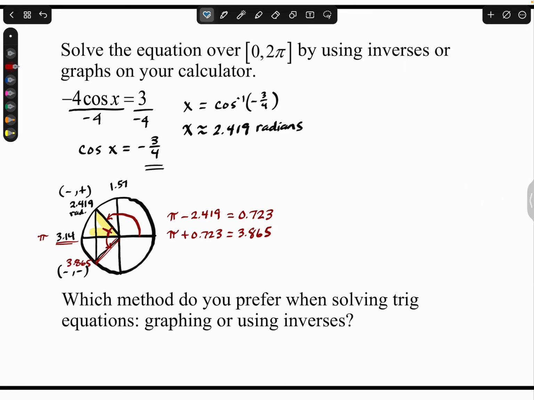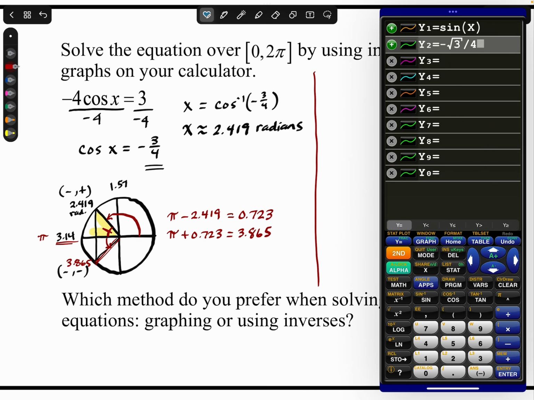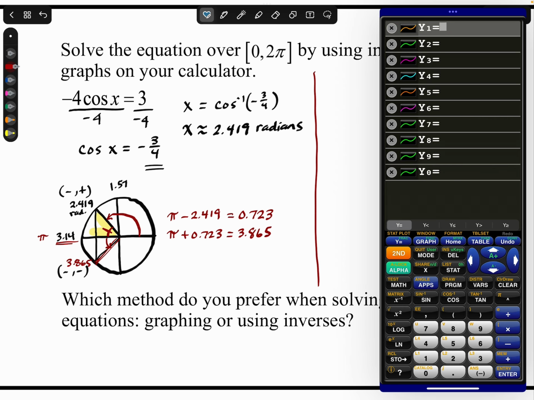But it says we could do it with either one. So let's go ahead and do it with the calculator real quick. I think most of you probably like this better. Let's clear it. I'm going to graph it in this form: cosine of x, and then negative 3/4.